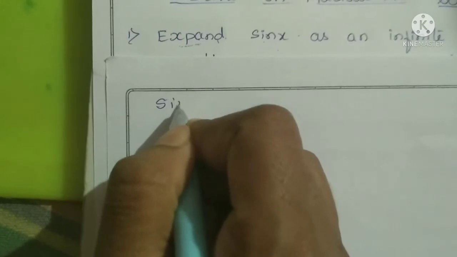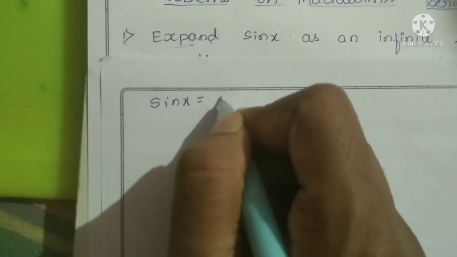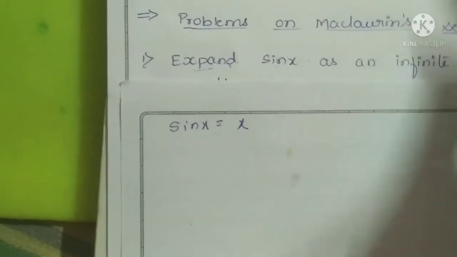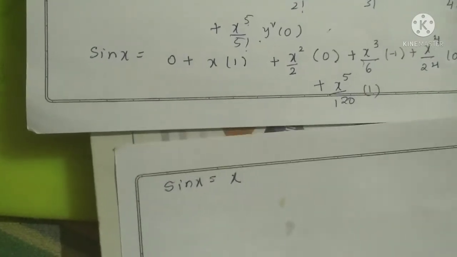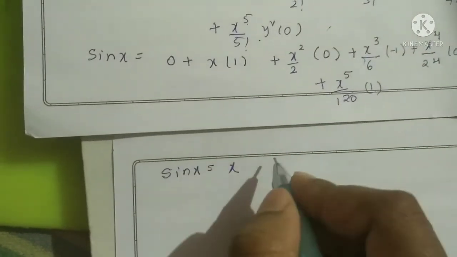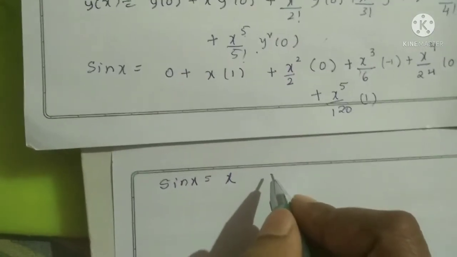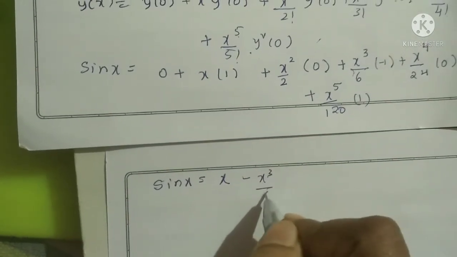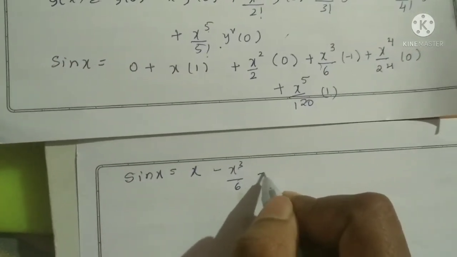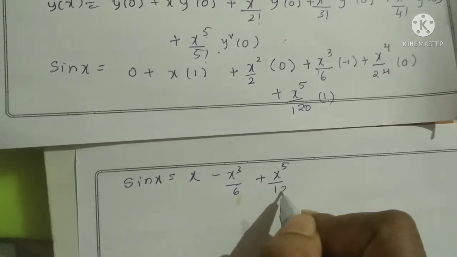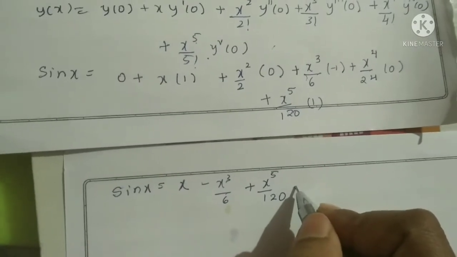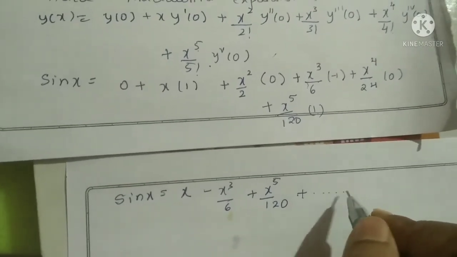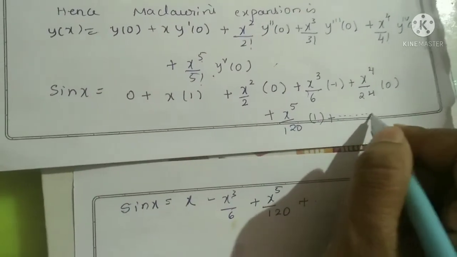So the equation becomes sin x equals x, 0 into x square is 0, minus x cube by 6, x to the power of 4 into 0 is 0, plus x to the power of 5 by 120, plus and so on.